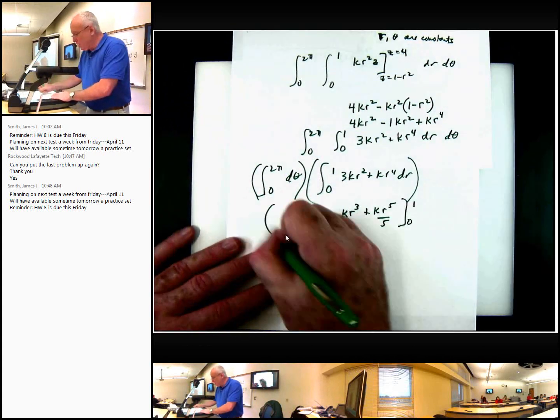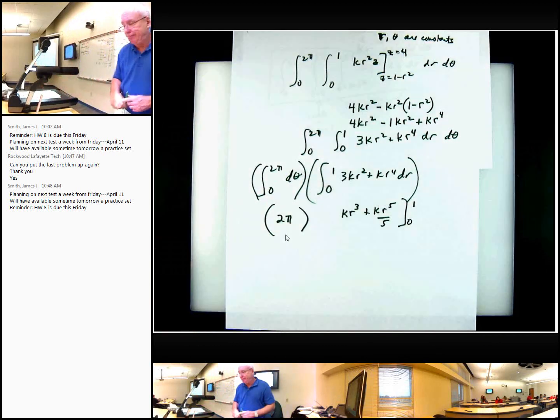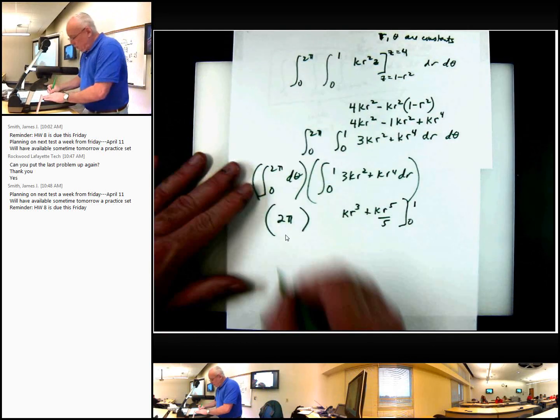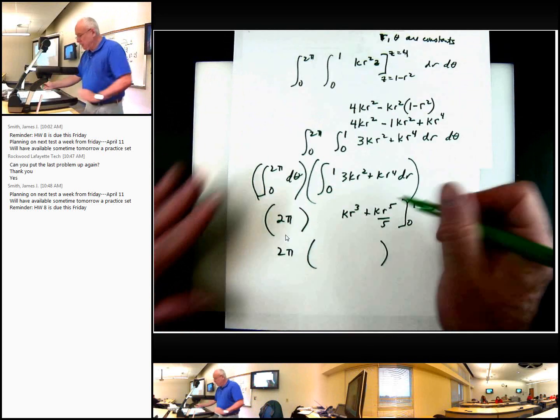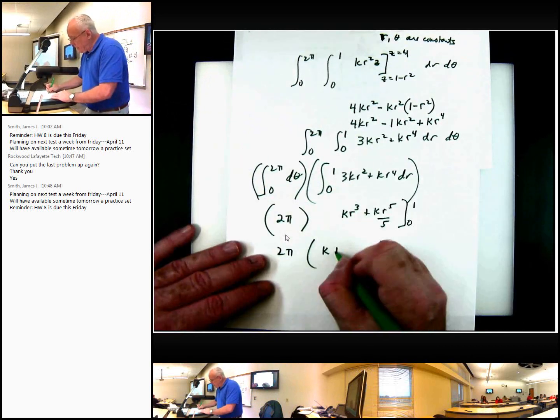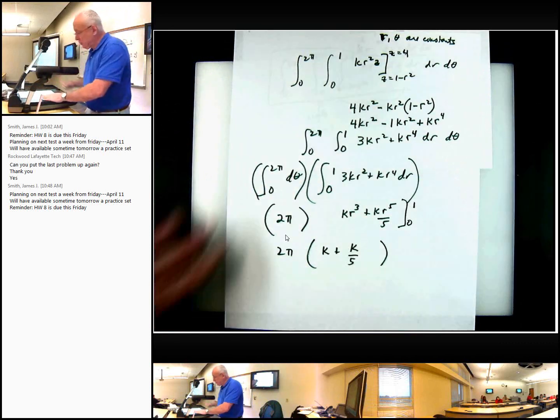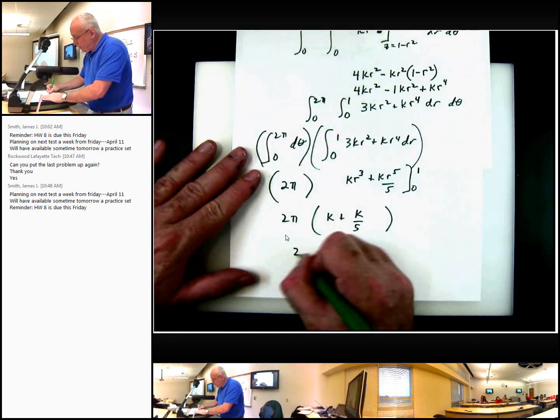This first one, theta from 0 to 2 pi, is of course just going to be 2 pi. So it's 2 pi times what? Plug in the 1, I get K plus K over 5, and then subtract 0. So it's 2 pi.